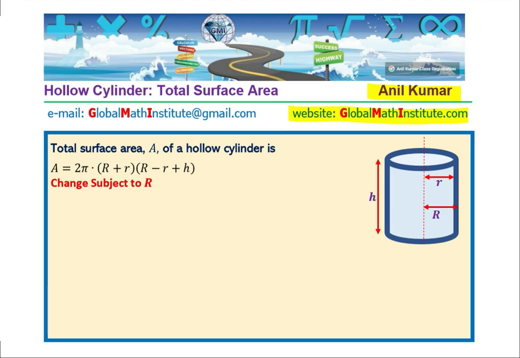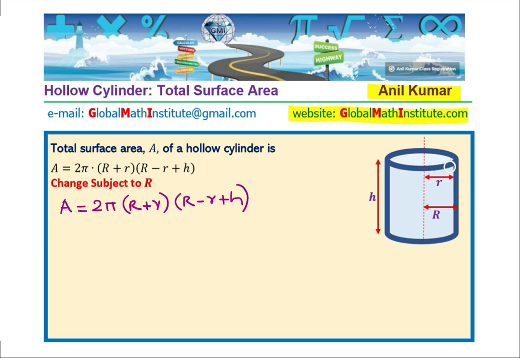Now, let us figure out a strategy to isolate capital R. Let's rewrite the formula: A equals 2 pi (capital R plus r) times (capital R minus small r plus h).